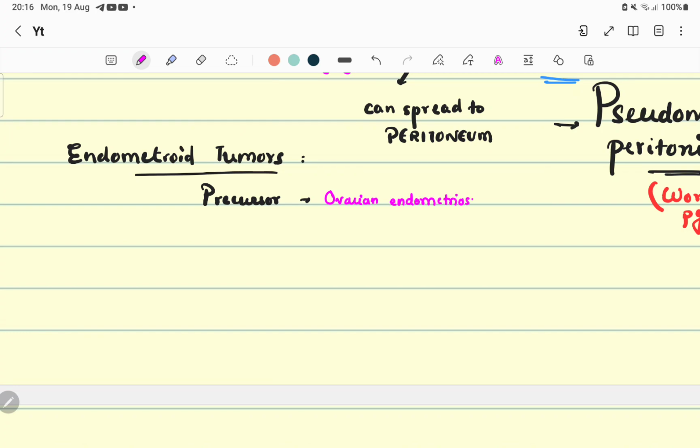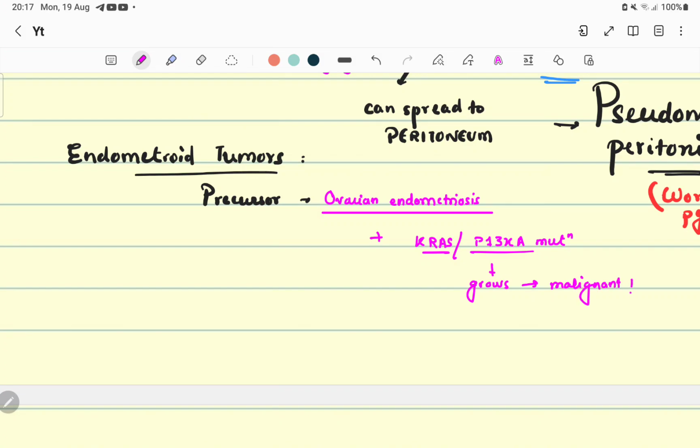So ovarian endometriosis is the precursor lesion, and if there is ovarian endometriosis associated with a KRAS or PI3KCA mutation, then it grows and becomes malignant, right? So this is about the endometrioid tumor.